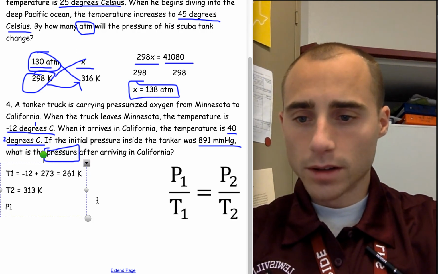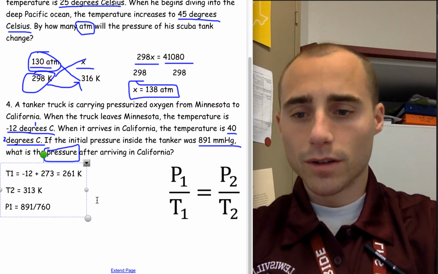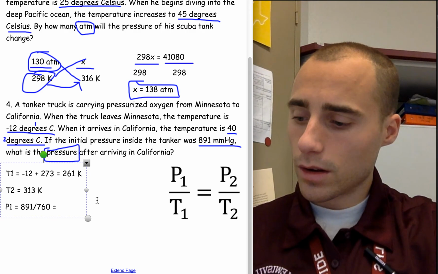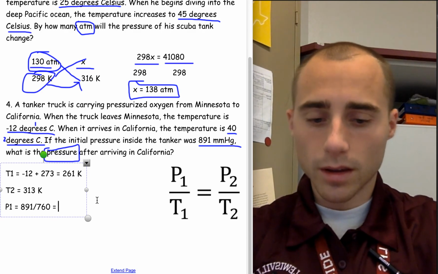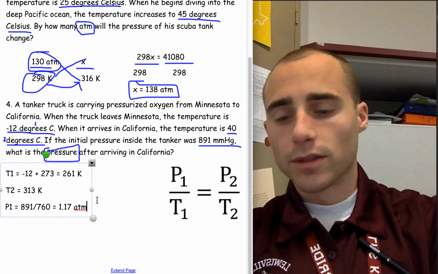Our pressure 1, we have to do 891 divided by 760 because there's 760 millimeters of mercury in 1 ATM. And that's going to equal 1.17 ATM.